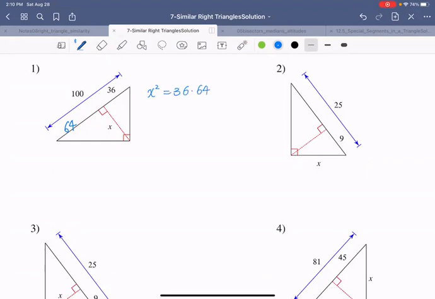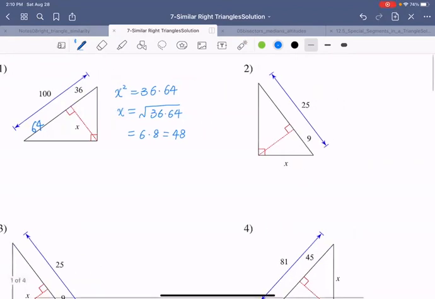What will we do next? Take the square root. Very good. We don't want to multiply this into a big number. We are going to do the square root. The square root of 36 is 6, of 64 is 8. So this is 48. Makes sense? Yes. Very good.